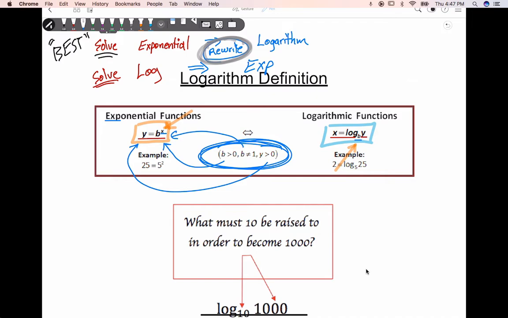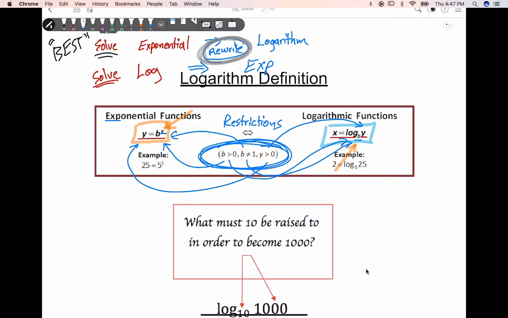It has to be a positive number, bigger than 0. And the same thing over here. This y has to be bigger than 0, and this b cannot be 1, and has to be bigger than 0. And again, you're going to learn throughout the unit why these restrictions are required, the more we learn about exponential and logarithmic functions.